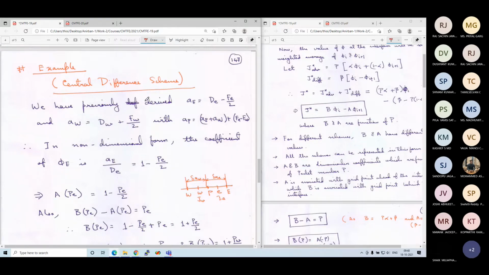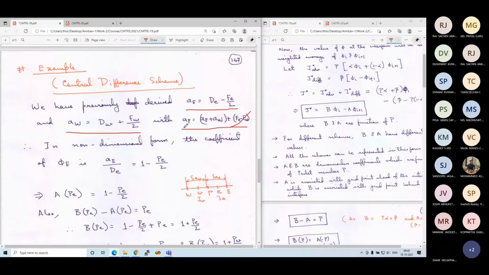If you go to the previous discussion of the central difference scheme, you will see that we previously derived AE as D minus FE by 2 and AW as DW plus FW by 2 and AP as AE plus AW plus FE minus FW, and FE is equal to FW by the continuity equation. So this term gets cancelled.